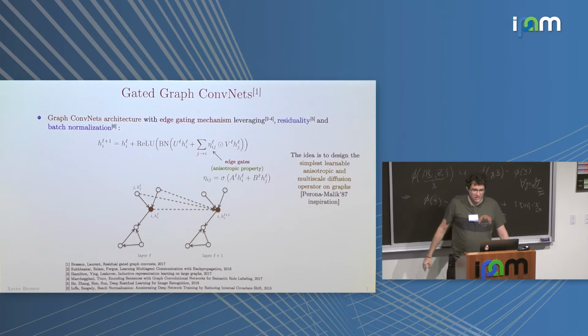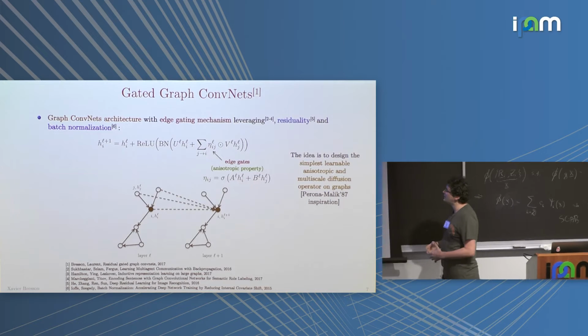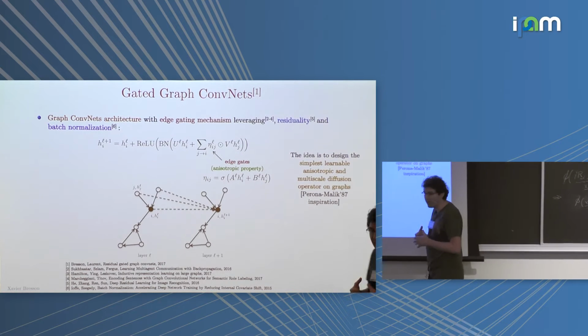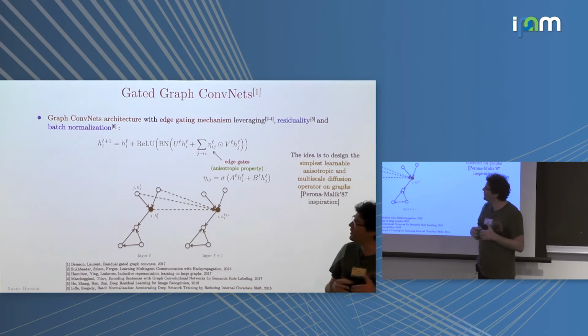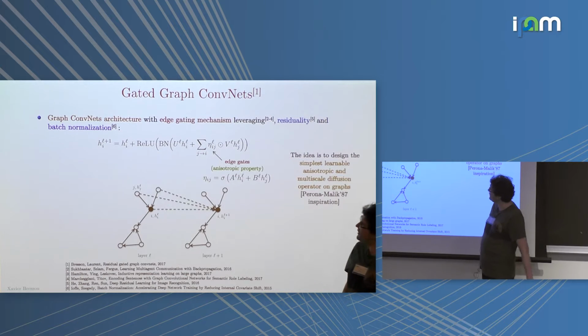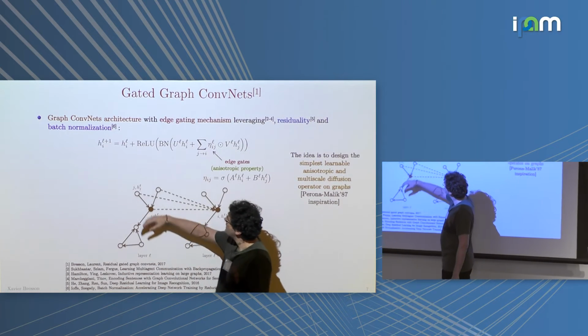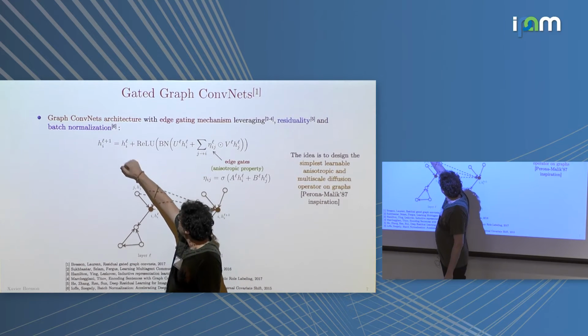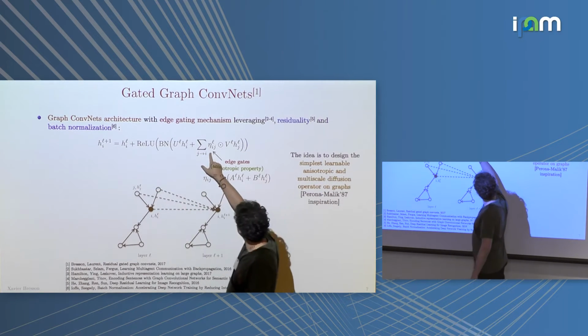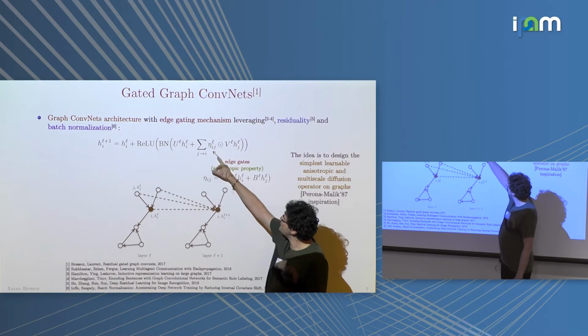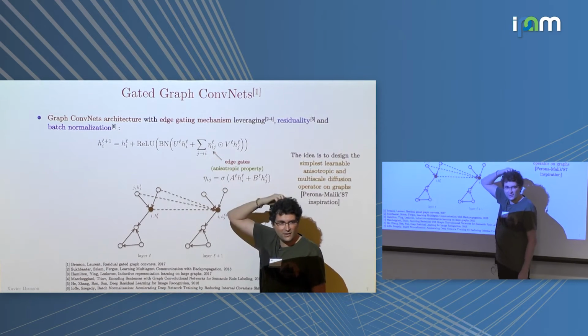What we did, we used all the tricks that work very well in computer vision to design a powerful graph ConvNet, so graph convolutional neural networks. For example, we use what we call residual connection, and also we introduce some gates inside the equation.